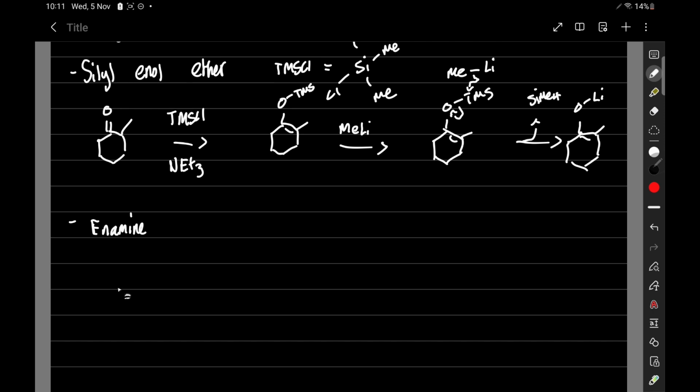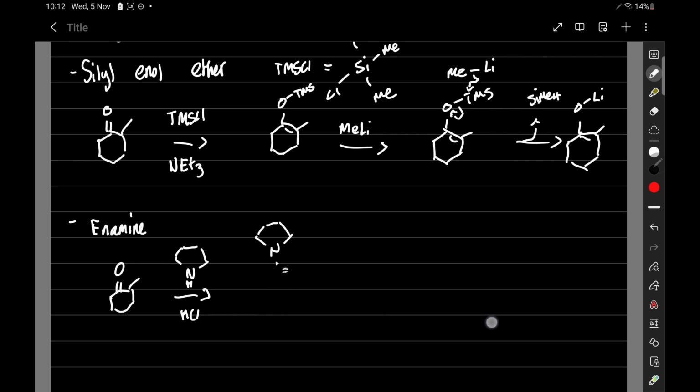So basically, I can react my ketone with a secondary amine like this, with some acid, and what it will produce for me is this.